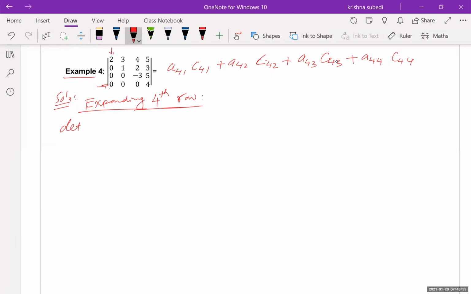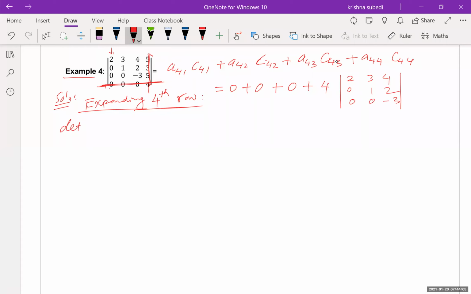Okay, we know that. Now this is going to give me A41 is 0, plus A42 is 0, plus A43 is 0, plus A44, which is this 4, and then for C44 you ignore that row and that column. So whatever is remaining, you write that down. So that's going to give me 2, 3, 4, 0, 1, 2, 0, 0, negative 3.